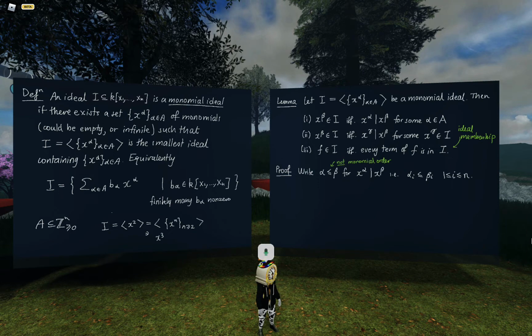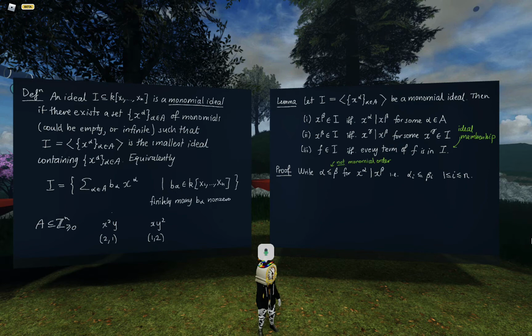Right, so for example, x squared y and xy squared, that's (2, 1) and (1, 2). They're not comparable under that order. But they are under, of course, lexicographic order or any monomial order. All right. Okay, so one direction is clear.